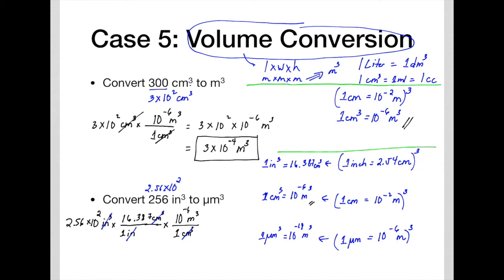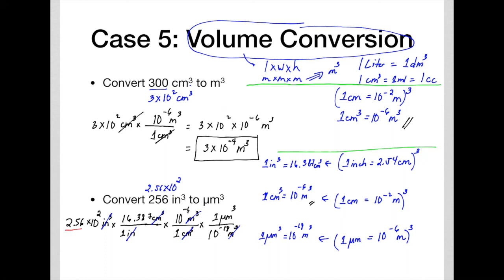And next, times 1 micrometer cube, so that would be here. And I could have 10 raised to negative 18 meter cube. As you can see, I can now cancel again my unit. So, what I'm going to do?